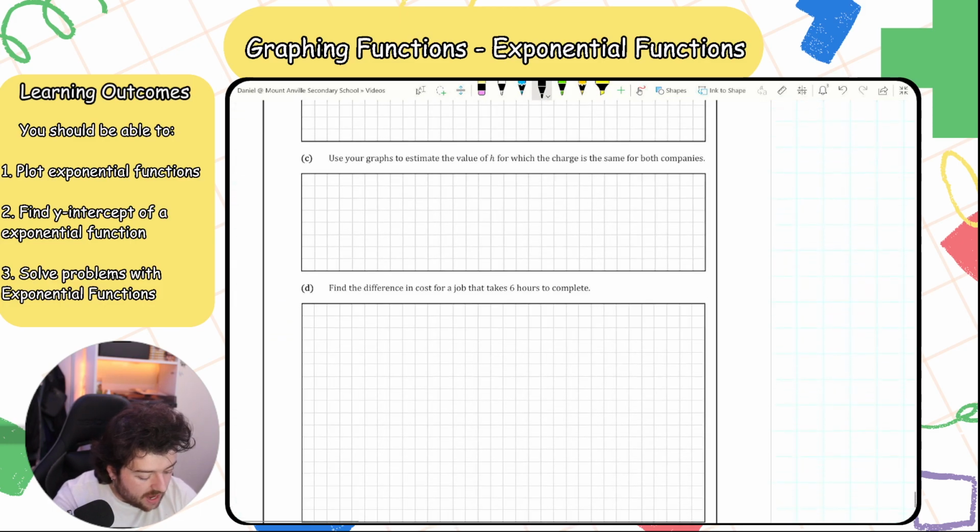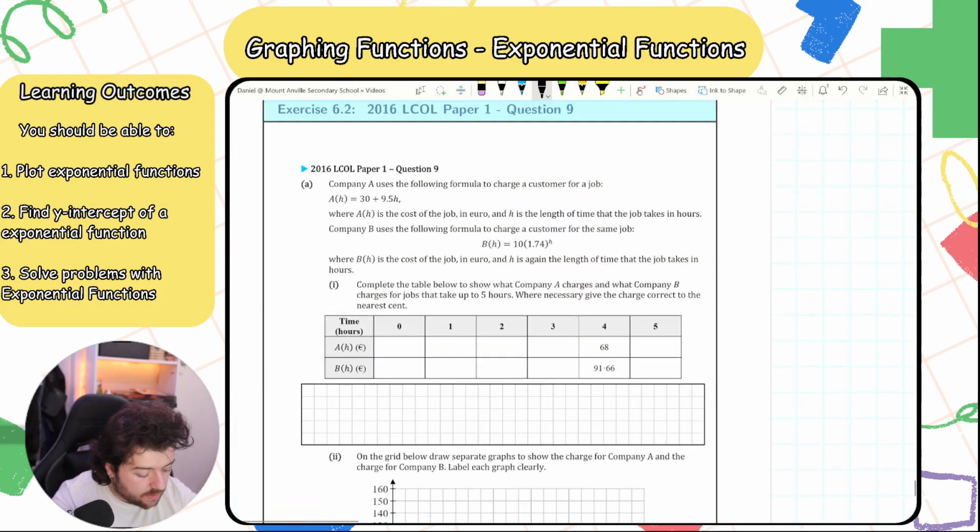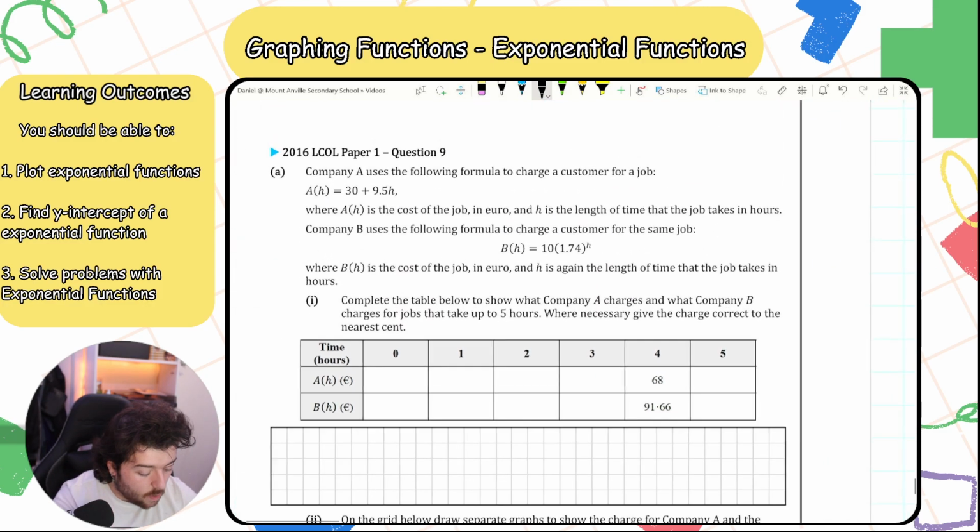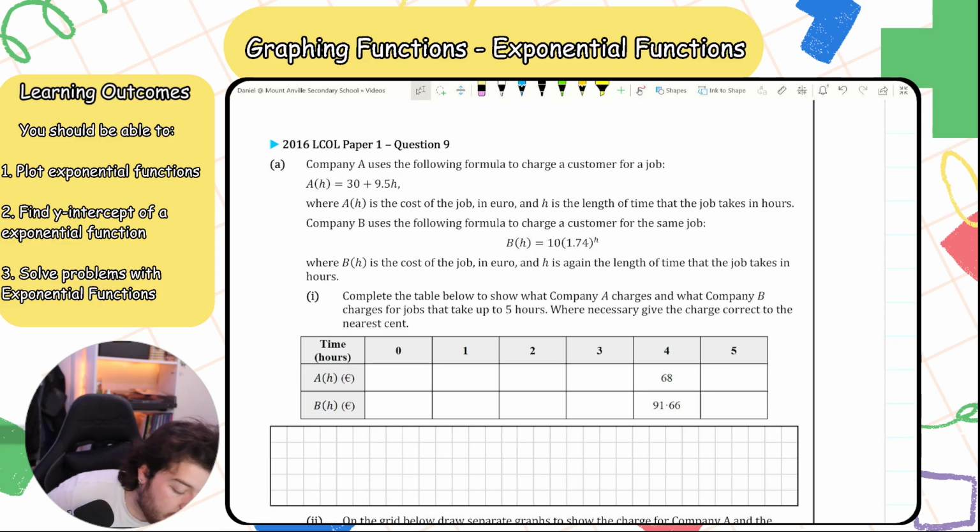Right, the final one. Let's look at the last question here. This is a 2016 Leaving Cert Ordinary Level paper. A company A uses the following formula to charge a customer for a job. Company A uses the formula 30 plus 9.5h, where C is the cost of the job in euros and h is the length of time that the job takes in hours. Company B uses the following formula to charge a customer for the same job.